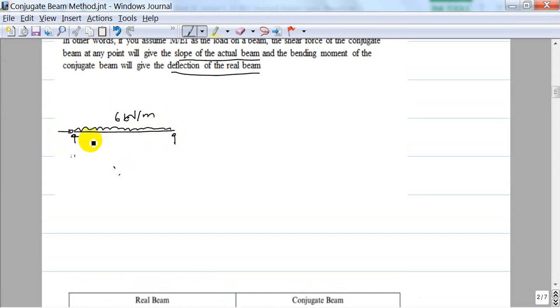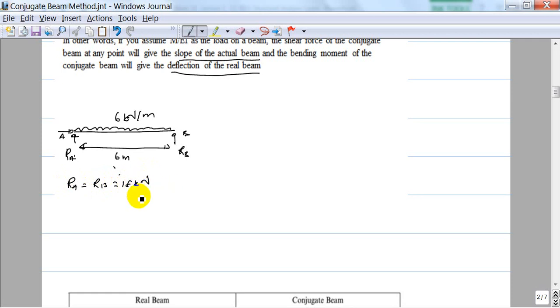Let me get the support reactions. If the span is, say, 6 meters, and the supports are A and B, then RA and RB are going to be equal. So RA is equal to RB is equal to 18 kilonewton.